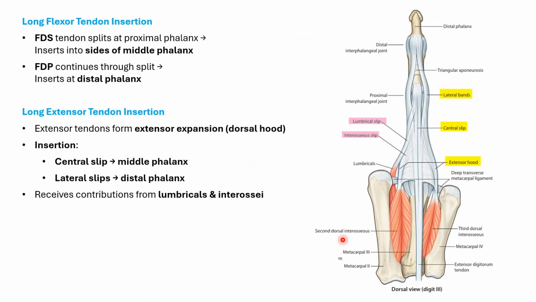Okay, now we learn about long flexor tendon insertion. Flexor digitorum superficialis tendon is split at proximal phalanx and inserts to side of middle phalanx. And flexor digitorum profundus continues through the split and inserts at distal phalanx.